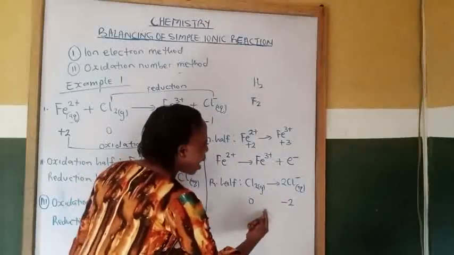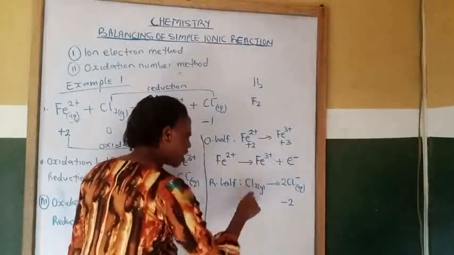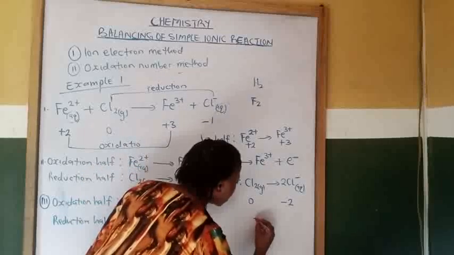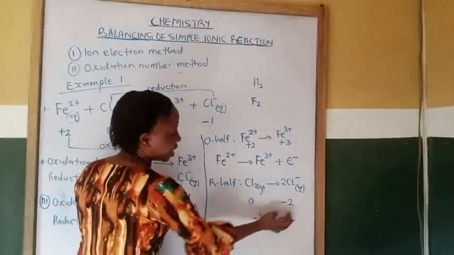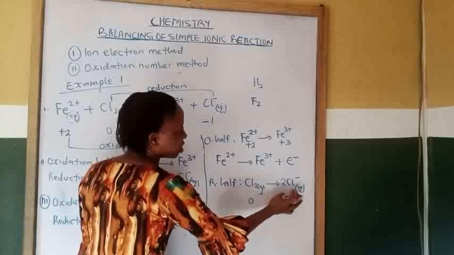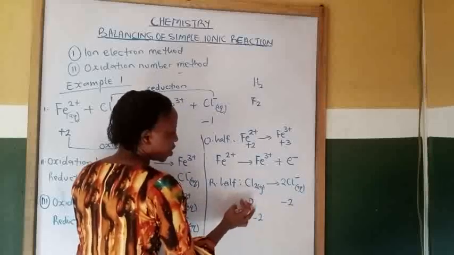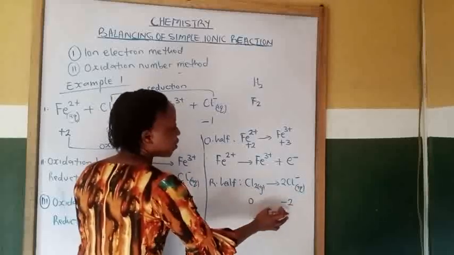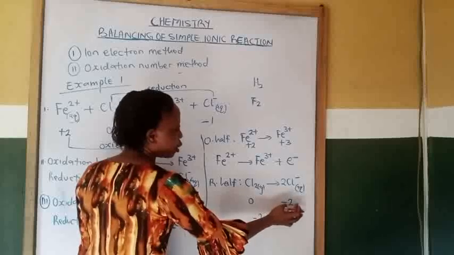You add electron with negative charge there. Now, how many electrons are we going to add to this side? That is the product side minus the reactant side. What do we have at the product side? Minus 2.